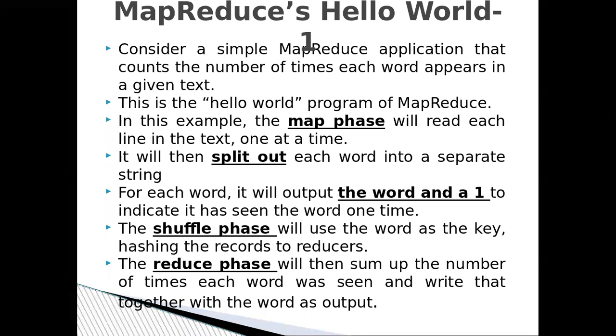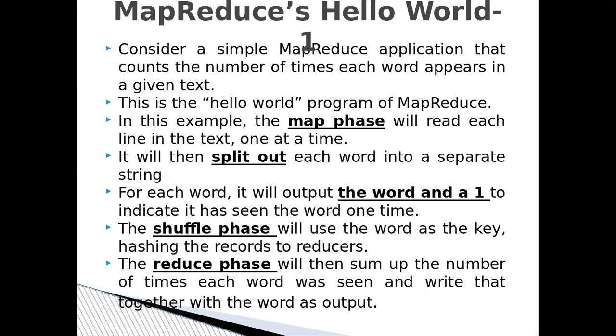What happens with this word count application is that in the map phase, it will read each line in the text one at a time. So if suppose there are 100 lines in your text, there would be 100 mappers. You can understand it like this.